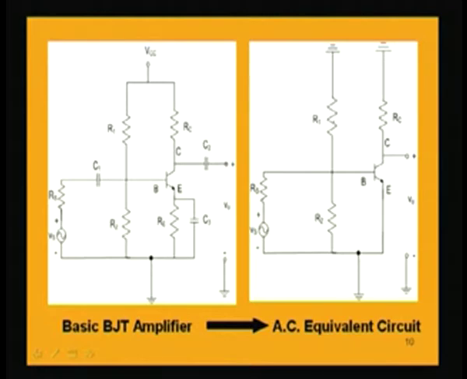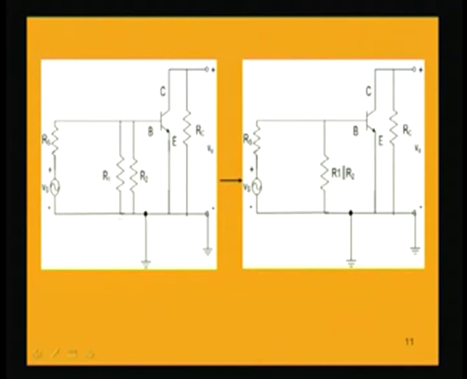We can combine them instead of drawing separately, into a single resistance whose equivalent is R1 parallel R2, that is R1 into R2 by R1 plus R2. That is done next. Here we notice R1 and R2 are both parallel from base to ground, so we combine them into an equivalent resistance R1 parallel R2.